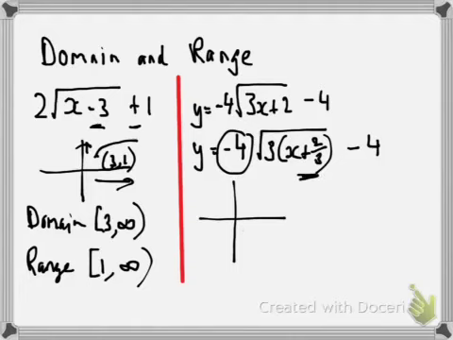Our domain is going to be negative 2/3, comma infinity with a curved bracket. Our range is going to be below negative 4. So that's negative infinity, comma negative 4 with a squarish bracket.